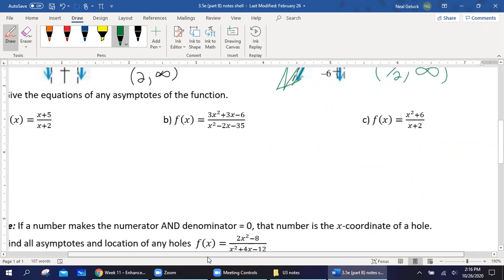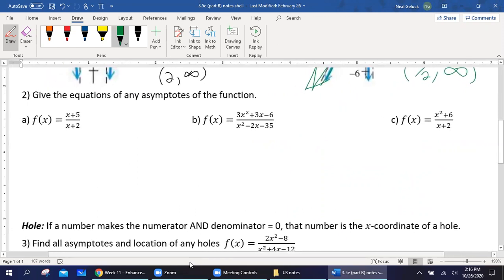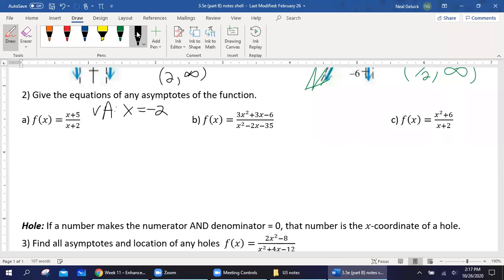So going back to some more complicated ones, looking at the equations and figuring out the asymptotes from the last section. Vertical asymptotes make the denominator 0, but not the numerator. So what would make the denominator 0 here would be -2. So x equals -2 is my vertical asymptote. Then I've got to ask myself, does this have a horizontal or oblique asymptote?